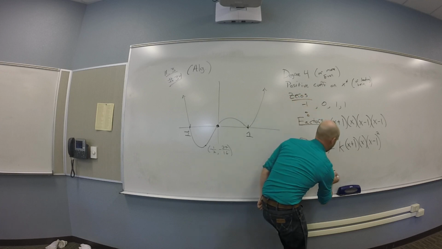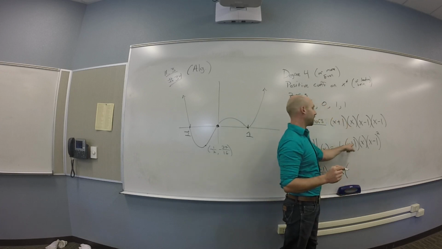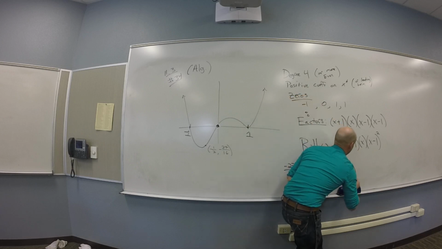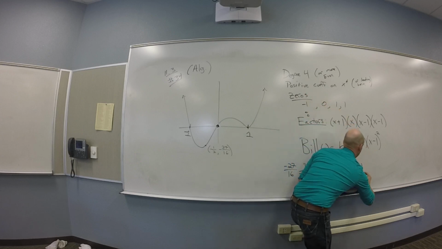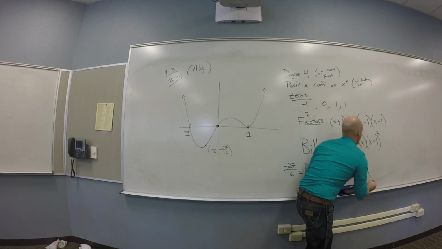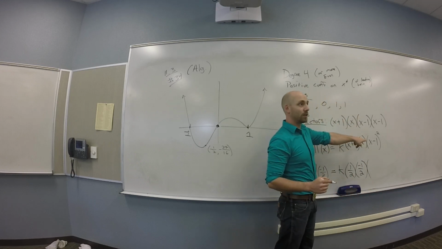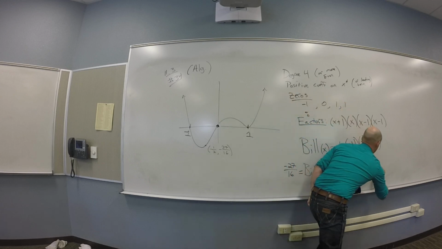So if you plug negative 1/2 in there, you get, let's see, negative 1/2 plus 1 is positive 1/2, times negative 1/2, times, let's see, negative 1/2 minus 1 is negative 3/2 squared.